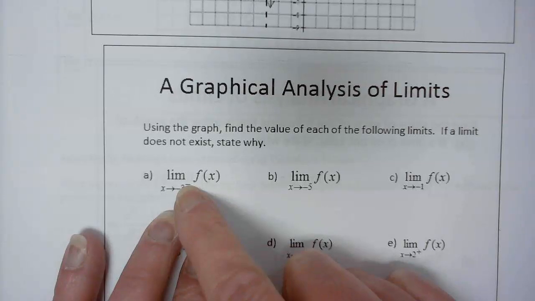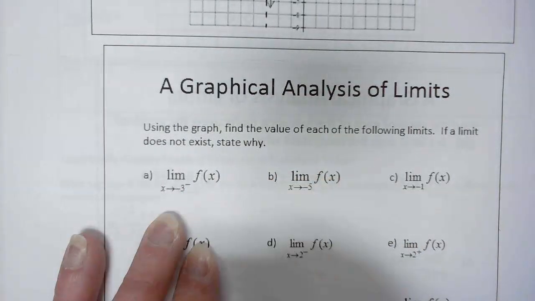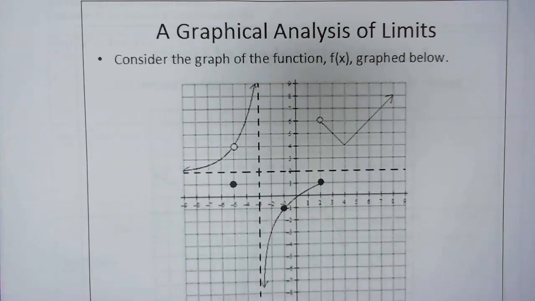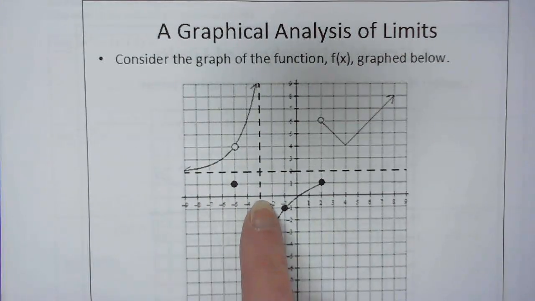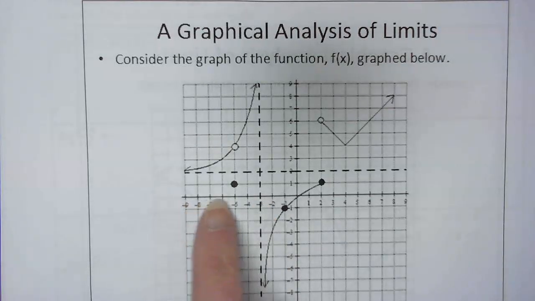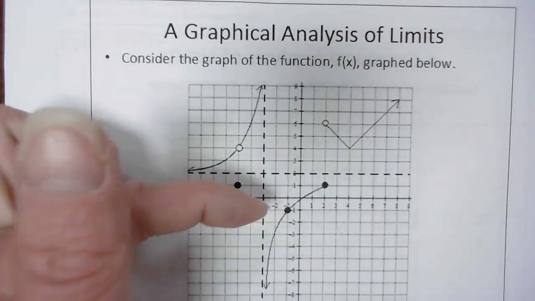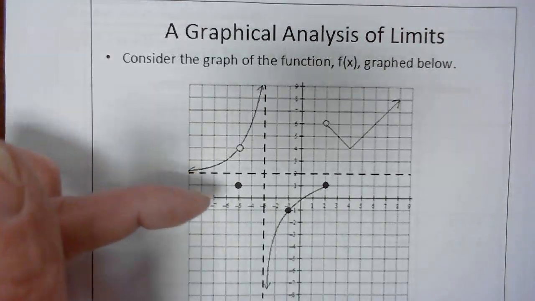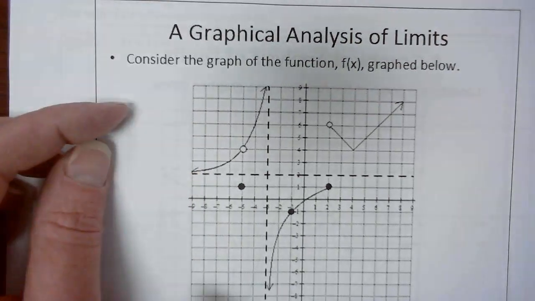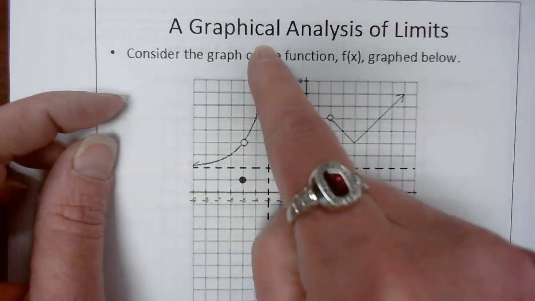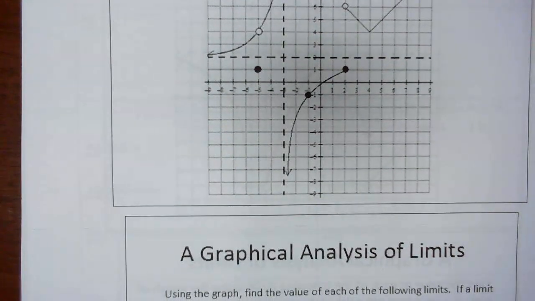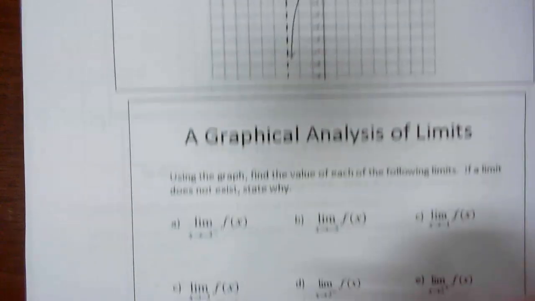So let's think about that from the graph, from the left side. Here's -3. As we approach -3 from the left side, I'm watching my graph. What is the graph doing? The graph is going up, up, up, up, up. So it's going to positive infinity.